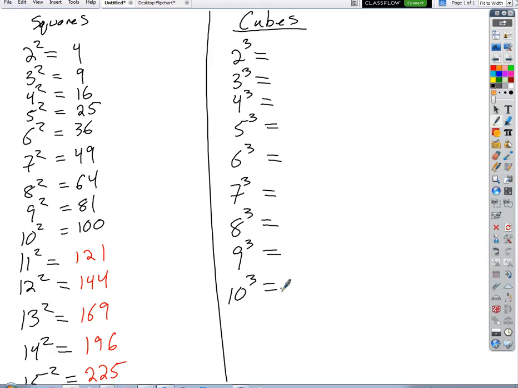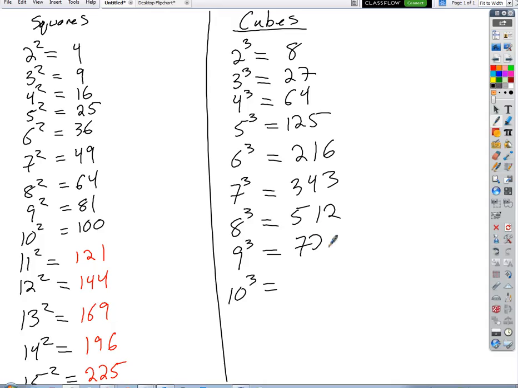Two cubed, 8, 3 cubed, 27, 4 cubed, 64, 5 cubed, 125, 6 cubed, 216, 7 cubed, 343, 8 cubed, 512, 9 cubed, 729, 10 cubed, 1000. Okay, there you go.